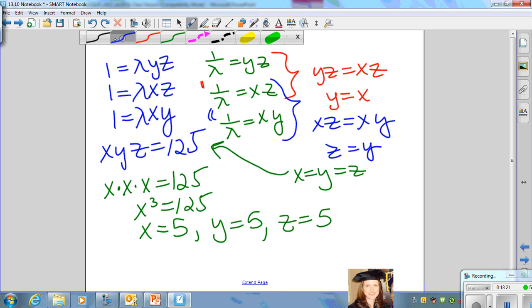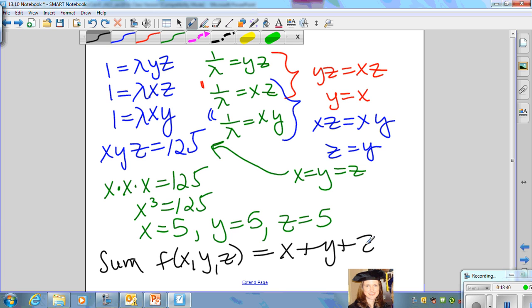And again, the function that we were trying to minimize was the sum. The sum was our f of x, y, z, which was equal to x plus y plus z.